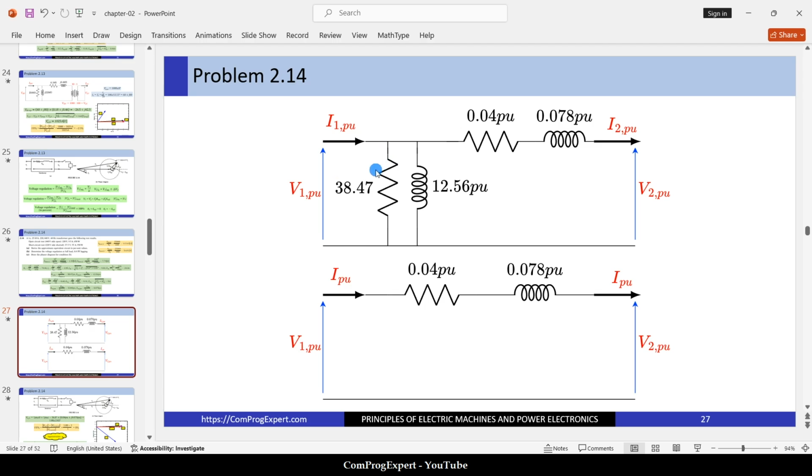This is the magnetizing branch. Yes, we have this equivalent core resistance, magnetizing reactance, and these numbers for the equivalent resistance and equivalent leakage reactance.